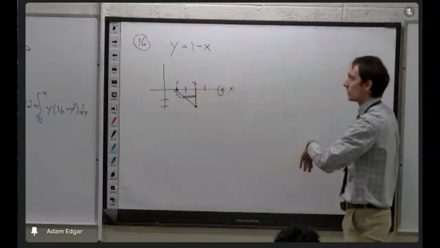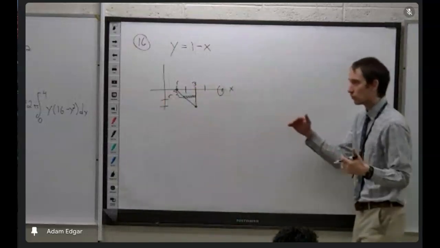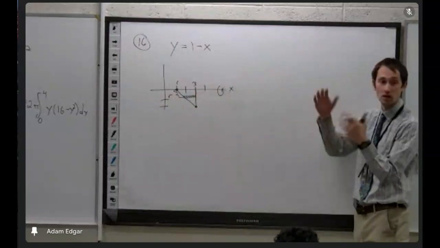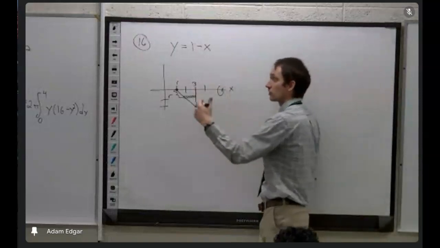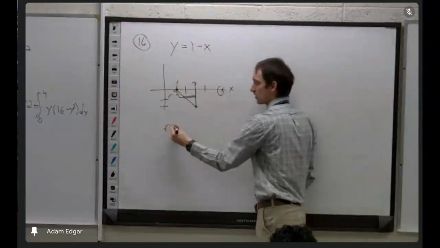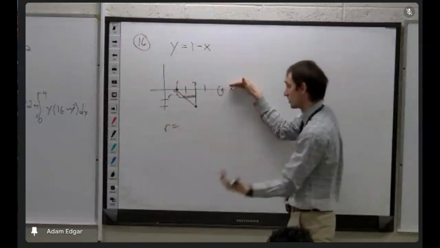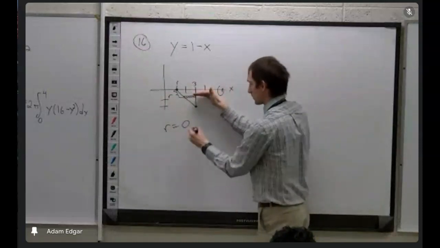So when you figure out your radius, r, remember with everything, radius, height, area, it's always big minus little, top minus bottom, right minus left. So for us, top minus bottom for the radius, the top is the axis of rotation at 0, and the bottom is your location along the y-axis.